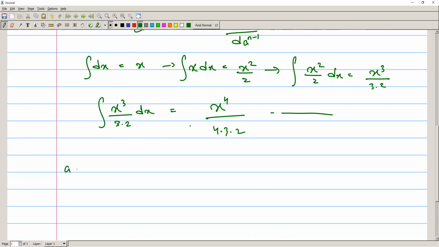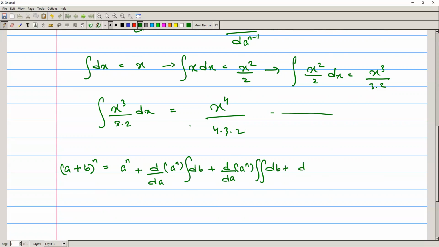So what if we write this expression: (a + b)^n is equal to a^n plus the derivative of a^n and then the integral of this db, plus the second derivative of a^n with a double integral db, and then the third derivative of a^n with a triple integral db, and so on till n minus 1, right?